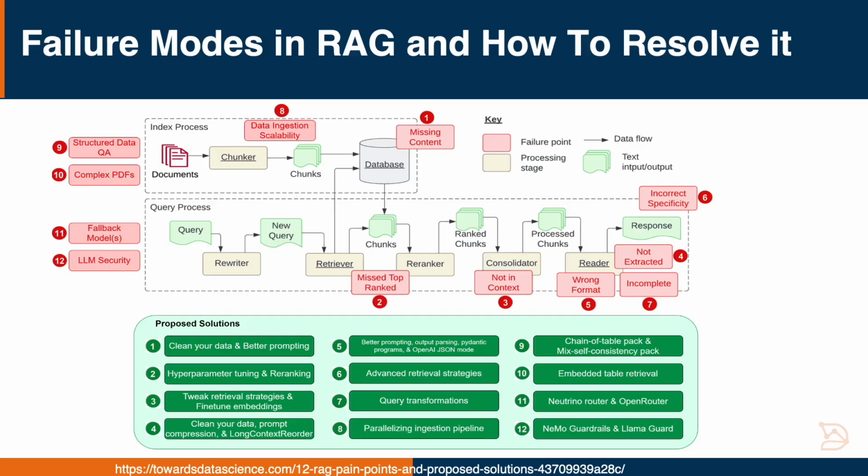Now, the next failure mode would be incorrect specificity, which you can correct with advanced retrieval strategies. Then we have the 7th, incomplete. Incomplete here is more like the same as not extracted, but here the information that you had does not really correspond to what your model needs to generate.